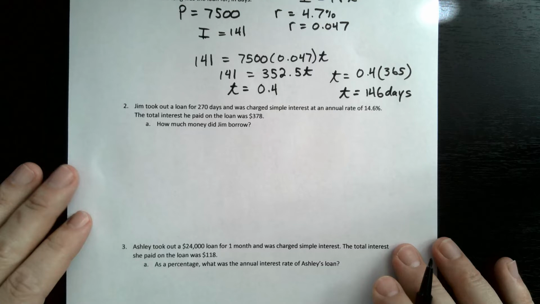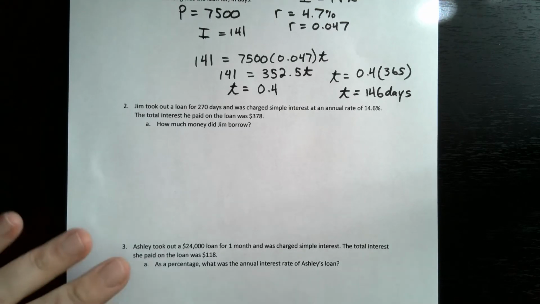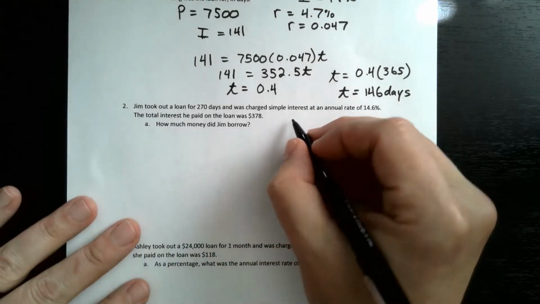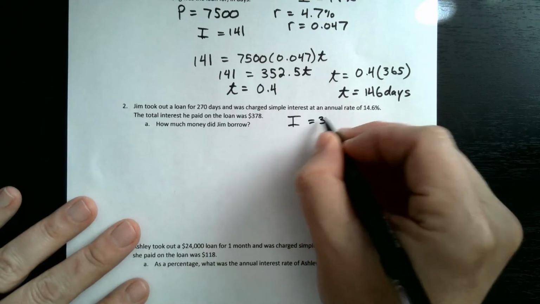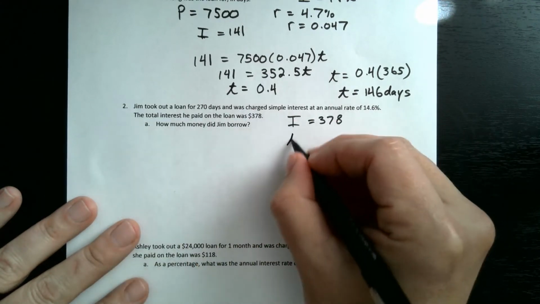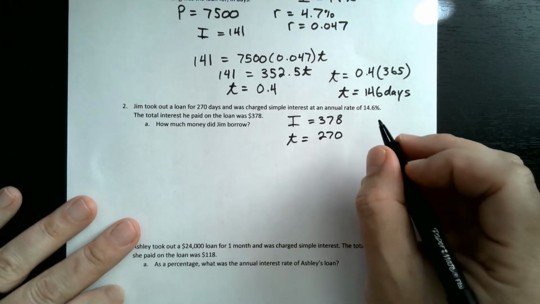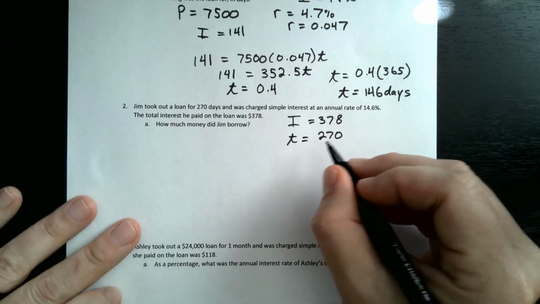Next: Jim took out a loan for 270 days. He was charged simple interest at an annual rate of 14.6%. The total interest he paid on the loan was $378. So I is equal to 378. T, time, is equal to 270, but we have to put it in terms of a year, because T has to be annual.